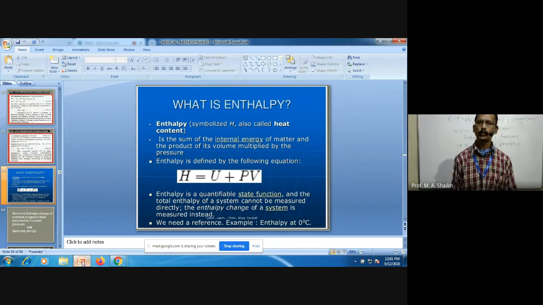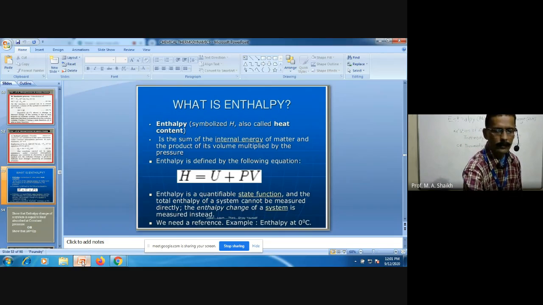Then H2 is the enthalpy of product state, because product state is the final state, and H1 is enthalpy of initial state or reactant state. When H2 is greater than H1, the sign for delta H is positive. Of course, when H2 is smaller than H1, the sign for delta H is negative. We'll skip to the next slide.